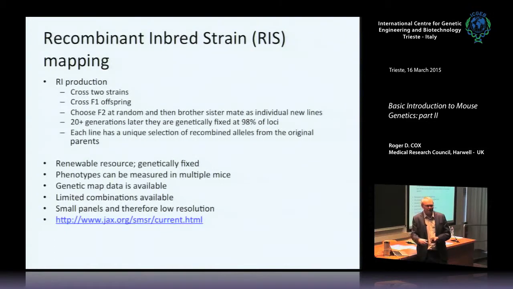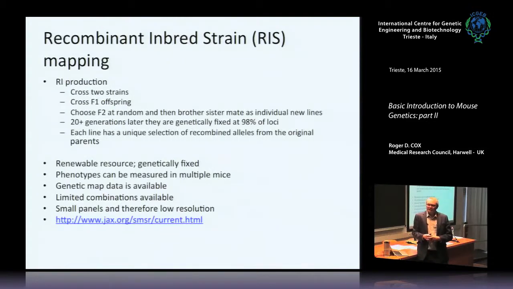So if you've got a certain amount of variance in your trait, you have the advantage of being able to measure it multiple times for each set of recombined alleles. So each one of these lines is separate, and you can have multiple individuals in each one. So you compare across them, but you can also get data within a line.